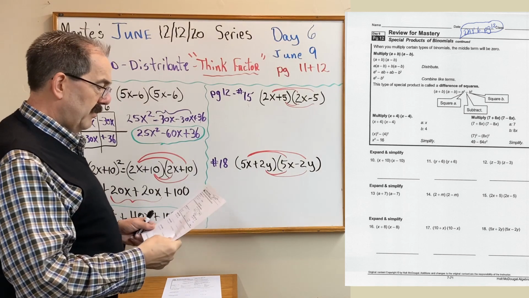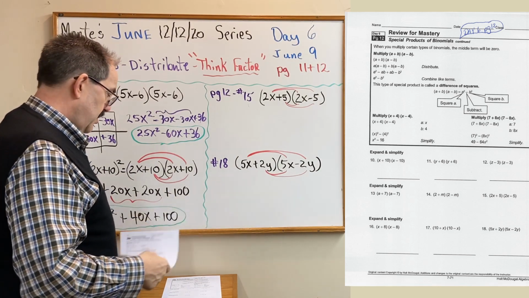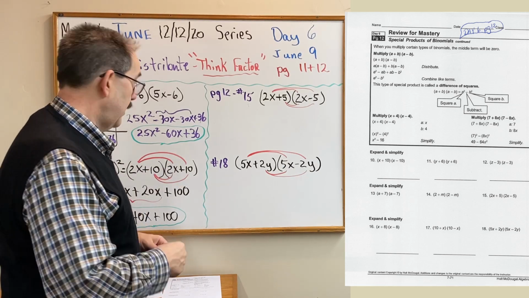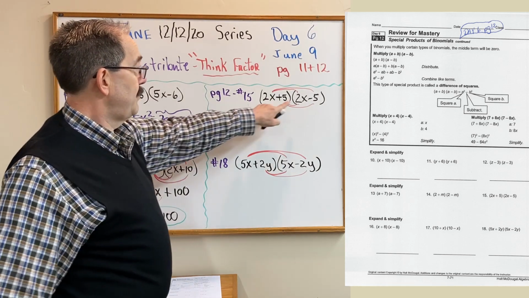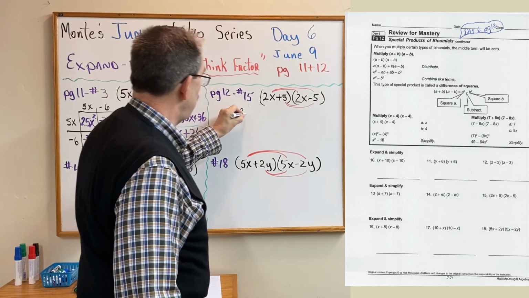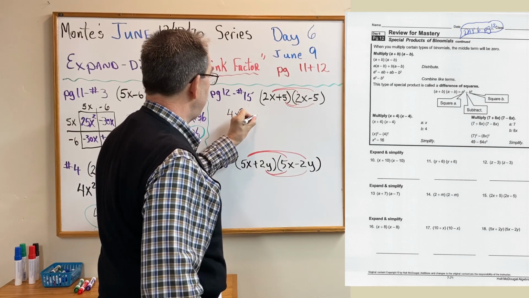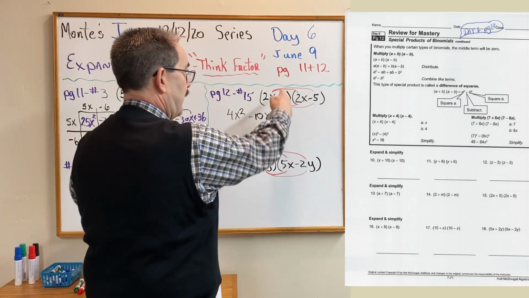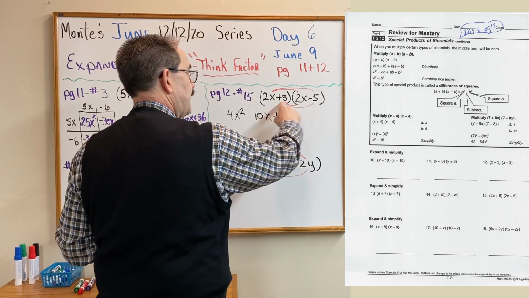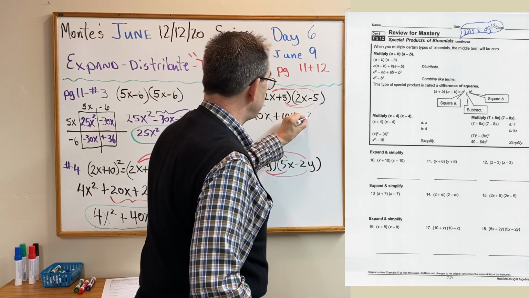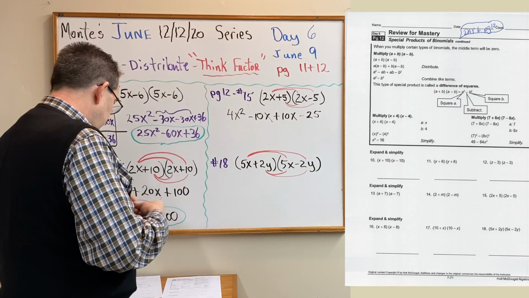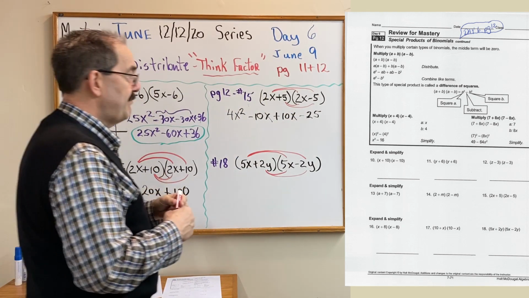So, page 12, number 15. Again, I'm just going to use the FOIL method, rainbow method, okay? And 2x times 2x, 4x squared, 2x times negative 5, negative 10x, 5 times 2, positive 10x, positive 5 times negative 5 is negative 25, okay? Now after you do just a couple of these, you're going to recognize a pattern.